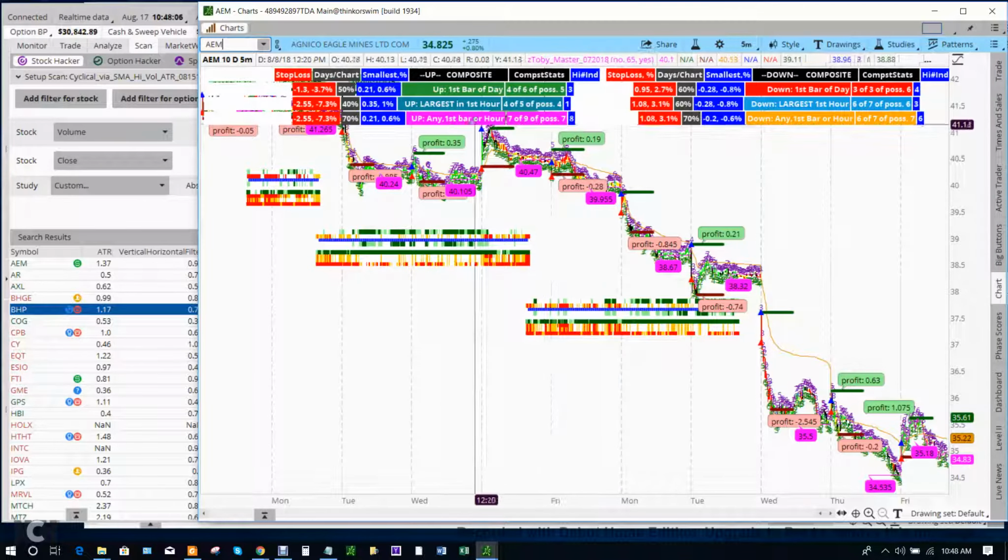Second thing I look at is the statistics. This one right here, 7 of 9. Okay, so what I would really like is this to be 7 of 7. And over here, this is 6 of 7. I would really like it to be 6 of 6. 7 of 9 I would not look at at all, and I still might trade this stock, but I wouldn't trade it if it was long or going up.